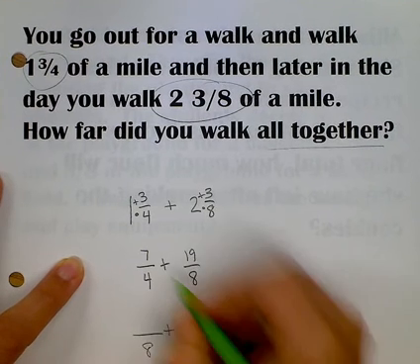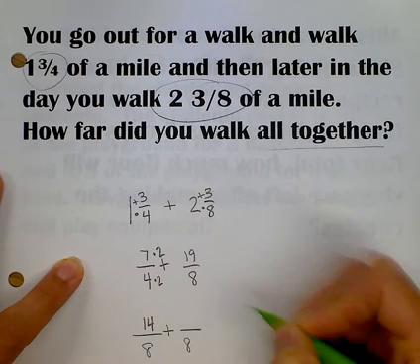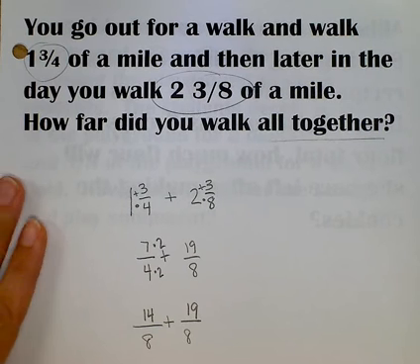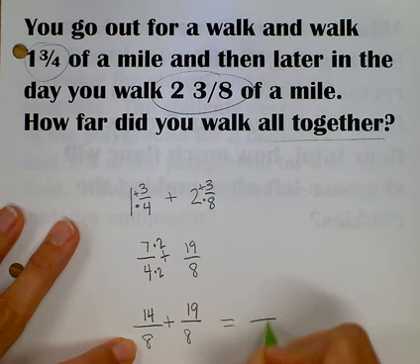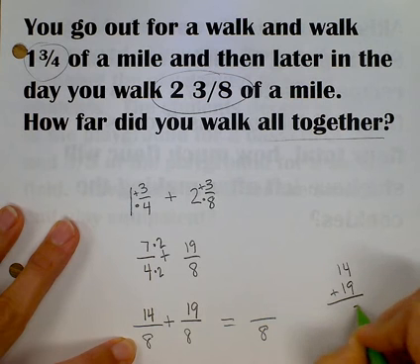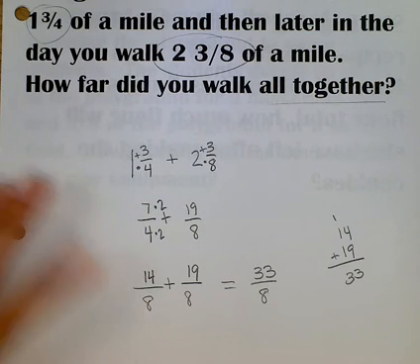So I'm going to multiply 4 times 2 to get 8, and 7 times 2 gives me the 14. And then 19 can stay on the top here. So now our denominator is 8, and we're going to add 14 and 19 together, and we get 33.